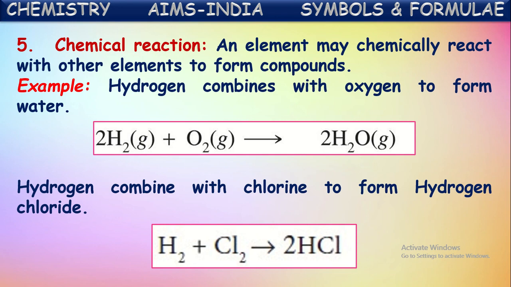Two meanings are there for that. These elements cannot be broken further into simpler substances either by physical means or by chemical means. That is about a symbol. So these elements will combine chemically with other elements to form compounds. These chemical reactions can be represented with chemical equations.